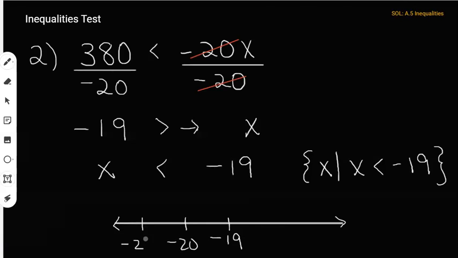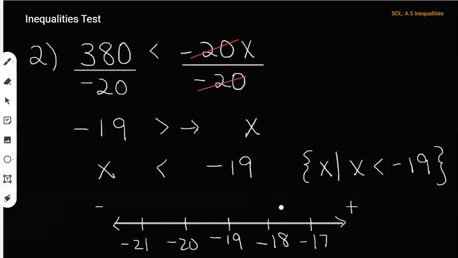So as you keep on going to the left, you get more and more negative. But if you're going to the right, you get more and more positive. So numbers that are bigger than negative 19, like negative 18, negative 17, they're going to go on the right side. So that's the way I do my number line.